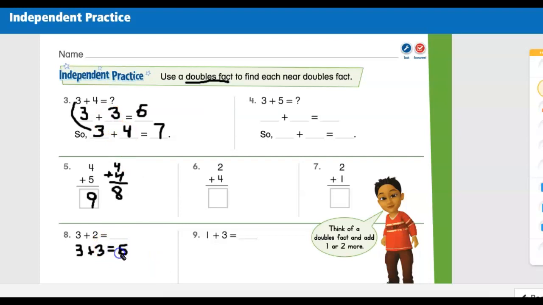Well, boys and girls, in my addition problem, I was solving for 3 plus 2. I know that 2 is a smaller number than 3, so to find out what 3 plus 2 would be, I would need to subtract a 1 from this answer. So what is 6 minus 1? If I have 6 and I take 1 away, what does that give me?